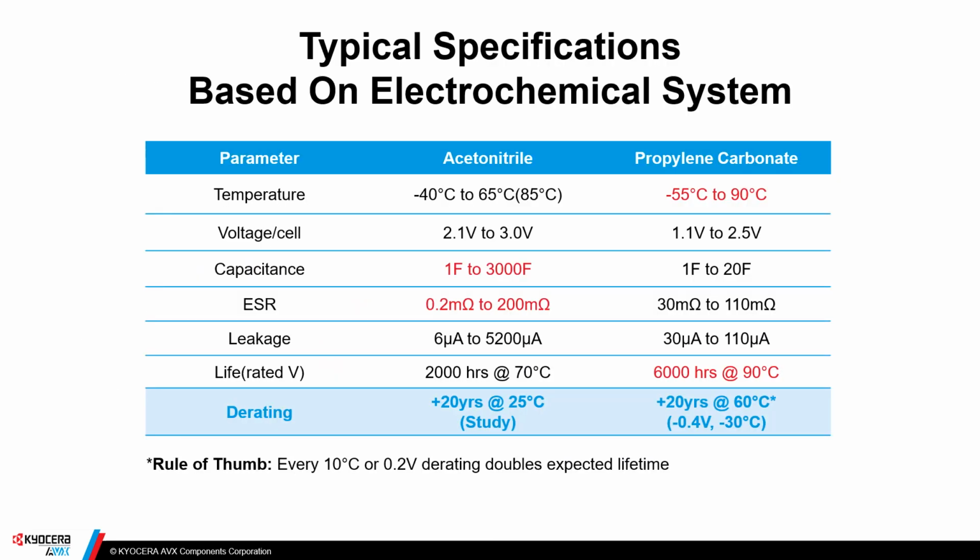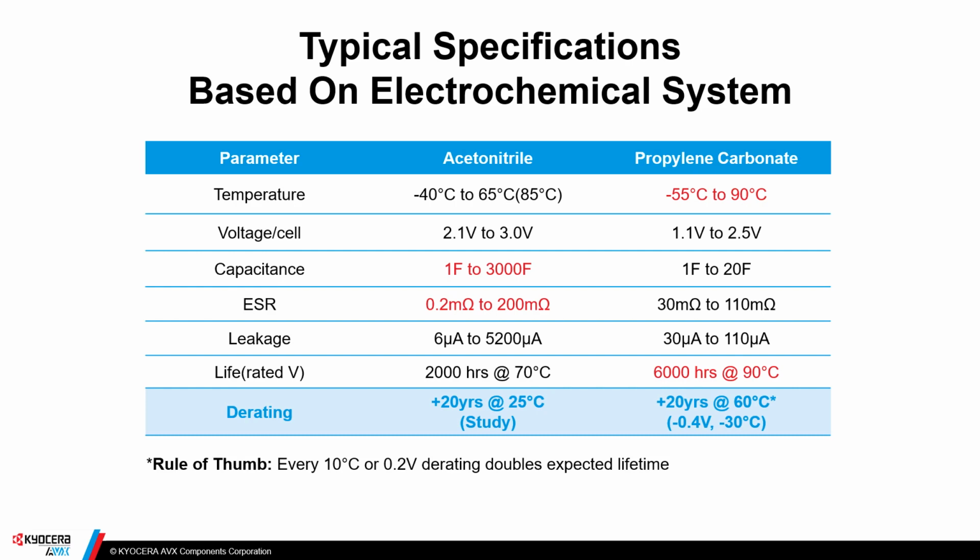Now, on this page, we're looking at two different material sets that supercapacitors can be made from. There is a propylene carbonate, a PC material system, and there's an acetonitrile one. You can see some temperature differences, with the PC material system having a broader temperature range.